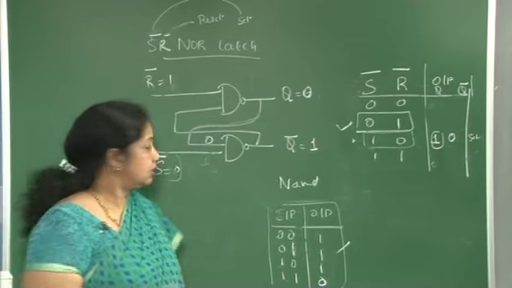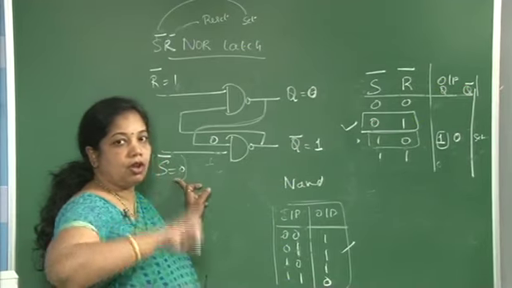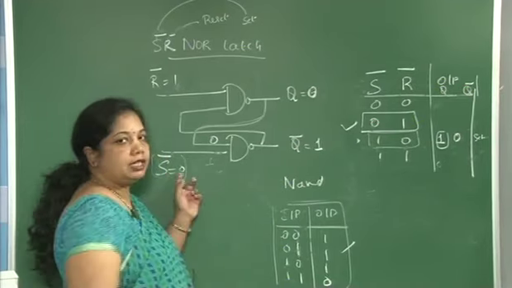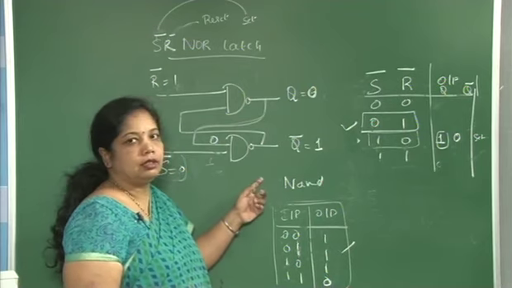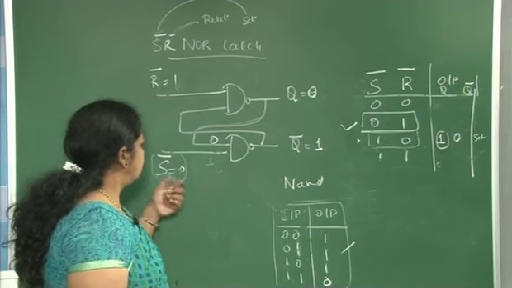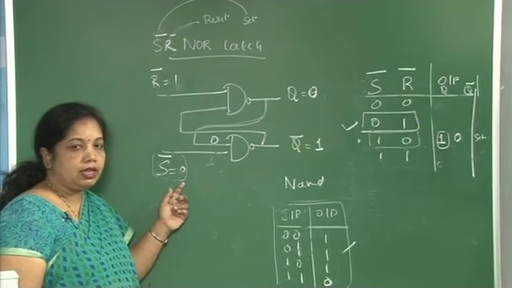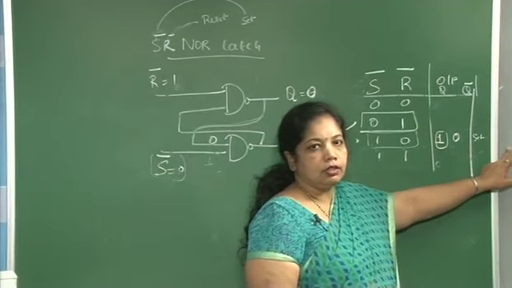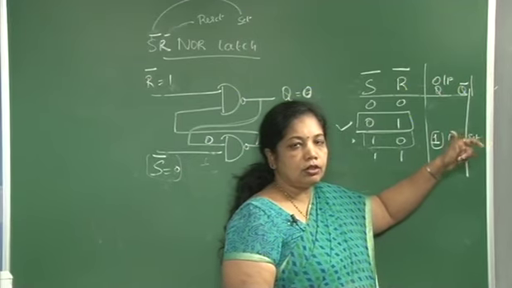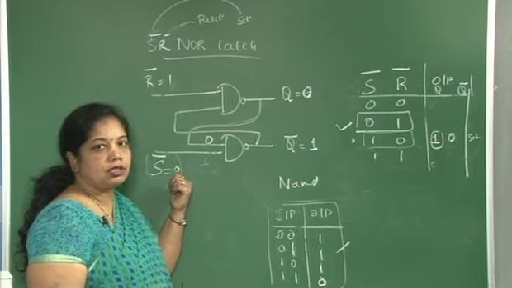Set condition, which is the reverse of NOR. Whenever S is 1, we got the set condition. Here the invert of S is 0. Since I am applying 0, I am getting the set condition. There S was logic 1, here S was logic 0.